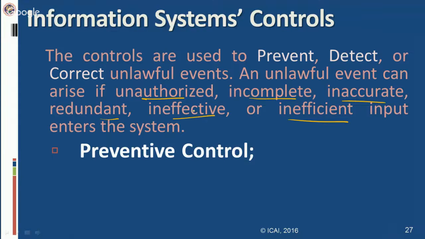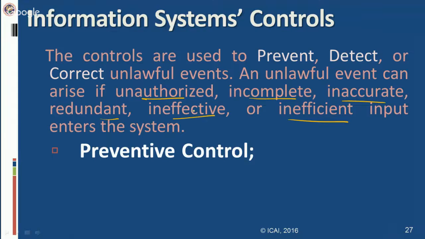So to avoid that the attack does not occur, we firstly need to place some preventive controls, and they will, in the first phase, try to prevent the occurrence of any error or fraud. For example, when we deploy a security guard outside a building, that is a preventive control.